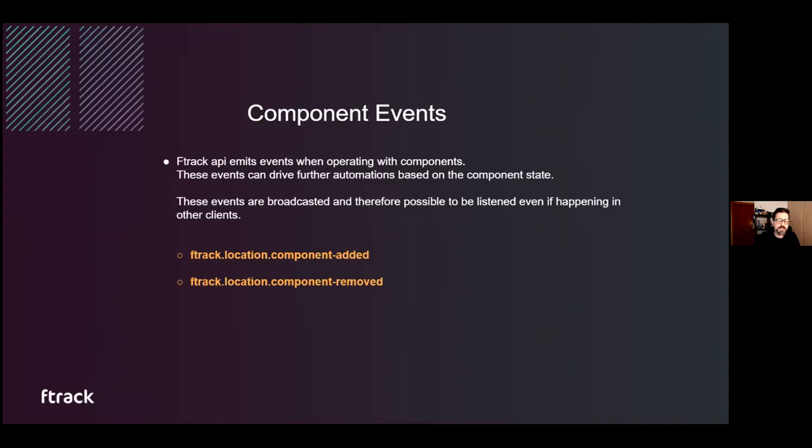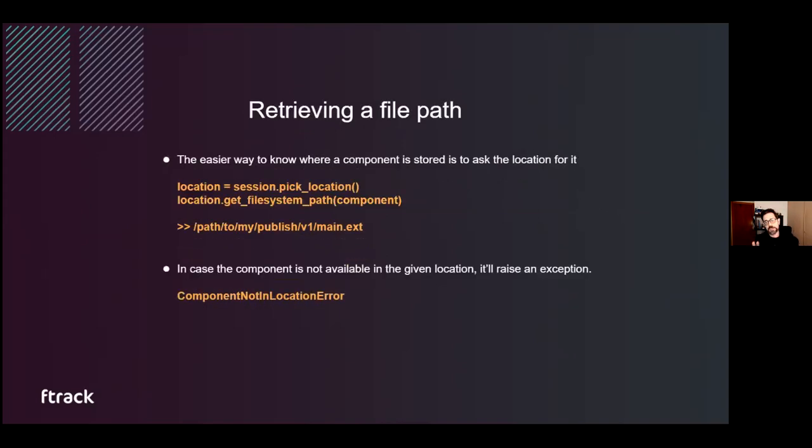Now let's look at how to actually do something useful with the location: how to retrieve a file path. First off, the API provides a really easy way to pick your current location, which is the pick location. Pick location will return the highest priority. We're going to look at these things in more detail in a bit, but that's basically your main location.